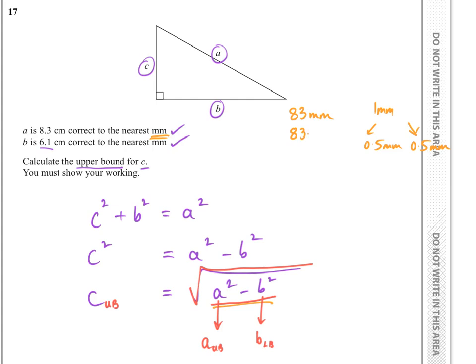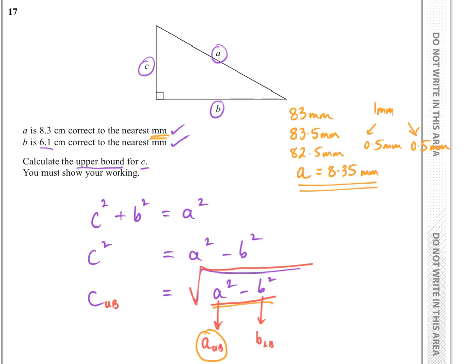So the greatest it would be is 83.5 millimetres, and the least it would be 82.5 millimetres. So if we wanted that back in centimetres, then we can say A, and don't forget we want that to be the most, would be 8.35 millimetres. So that's the value of A we're going to choose.